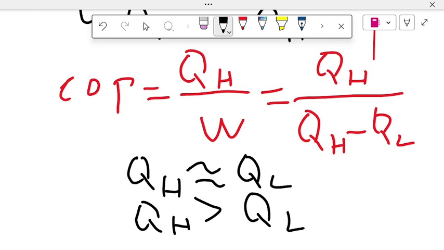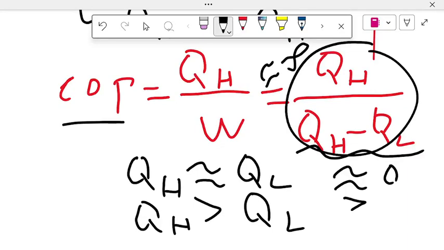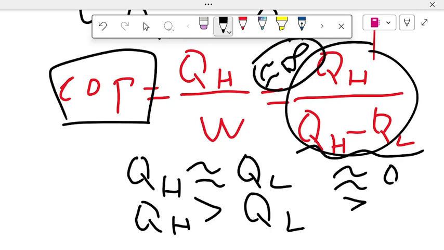So this is almost 0 but greater than 0. So this is almost a very high value. So can the coefficient of performance be a very high value? I said no. And let me explain.